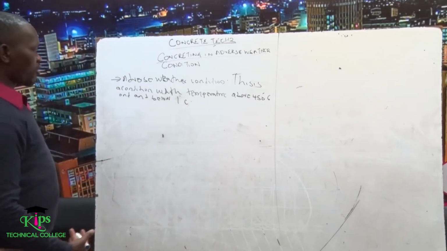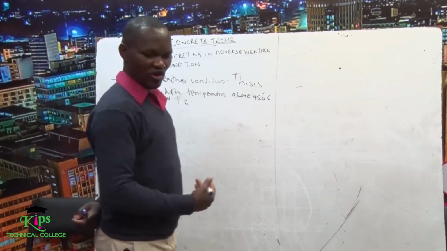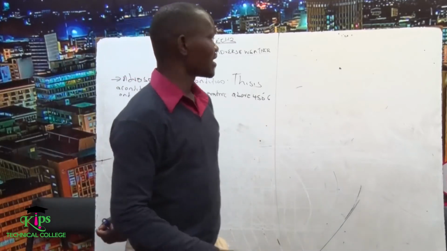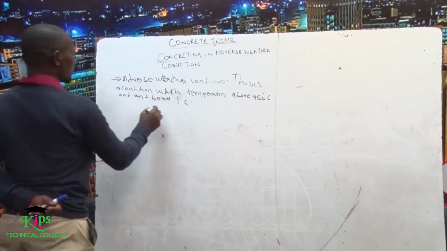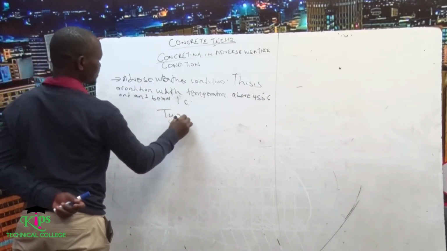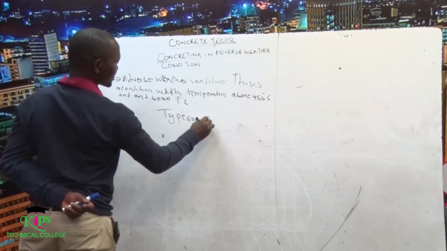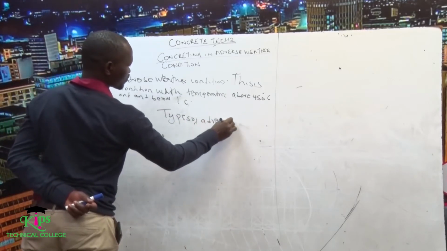So when it's below 1 degree centigrade, we can call those conditions adverse weather conditions. So we have three types of adverse conditions.